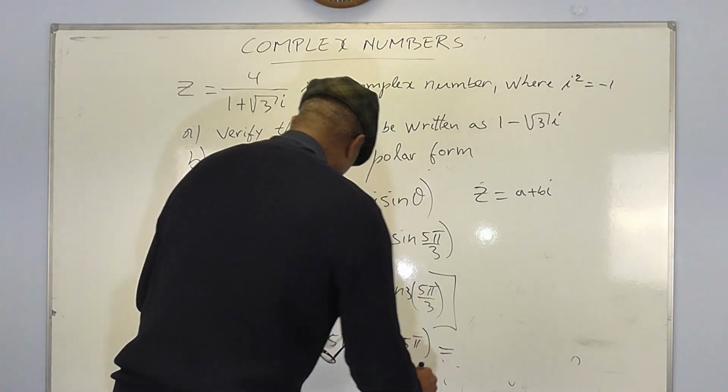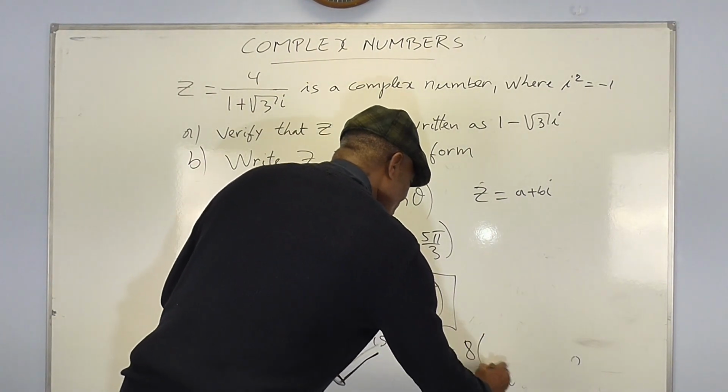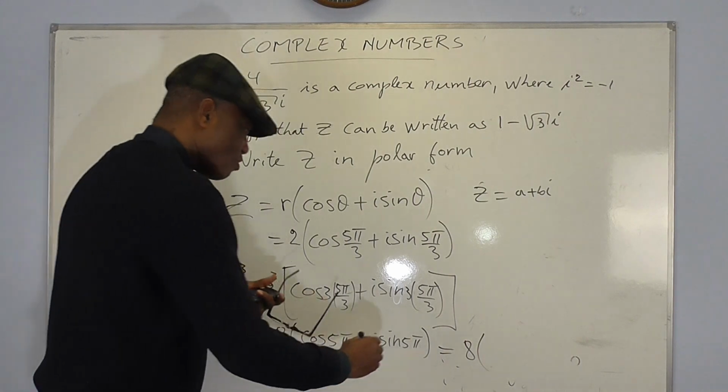From here we're going to have 8 times cos, and this gives minus 1.